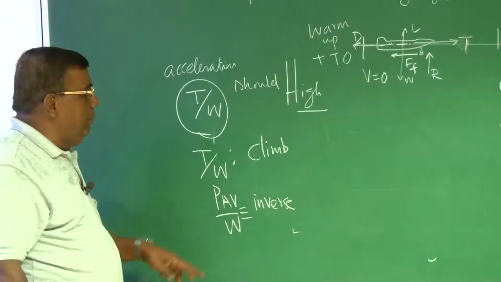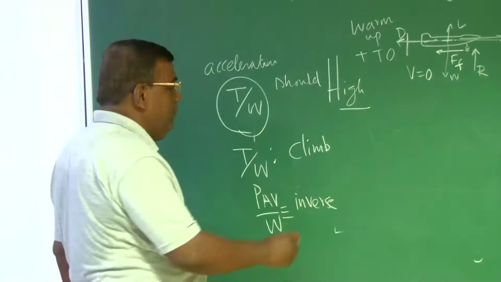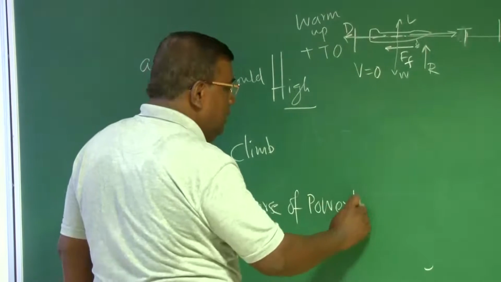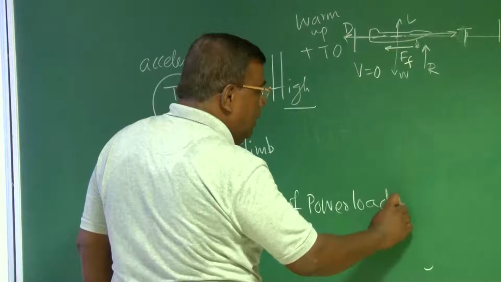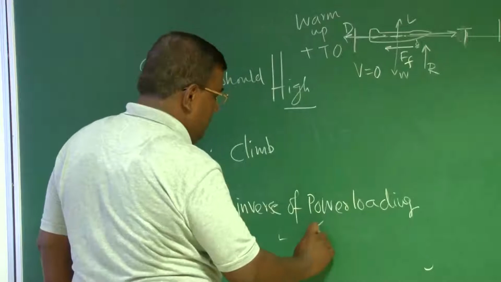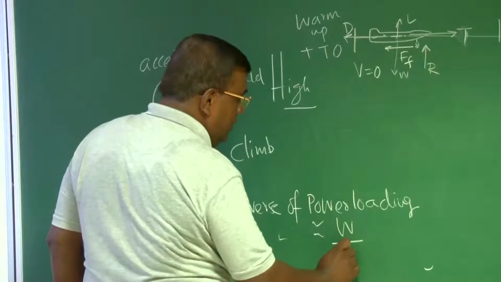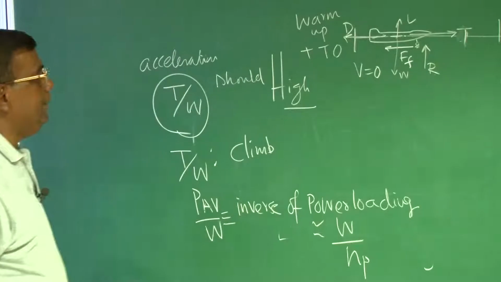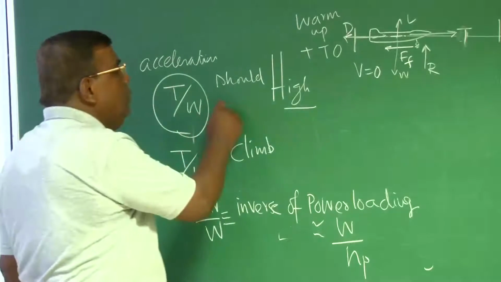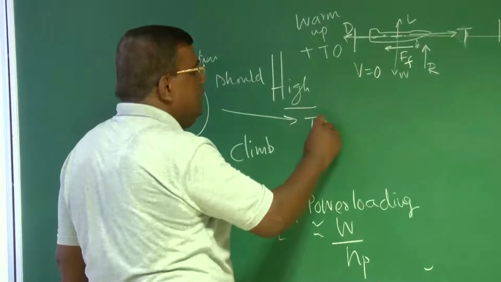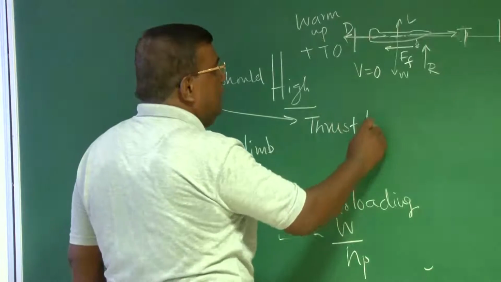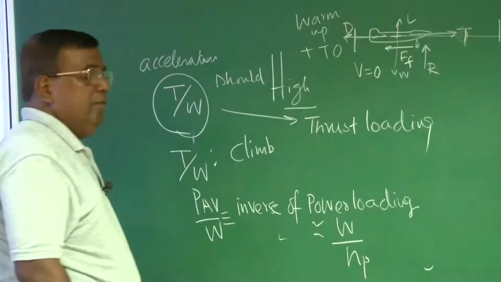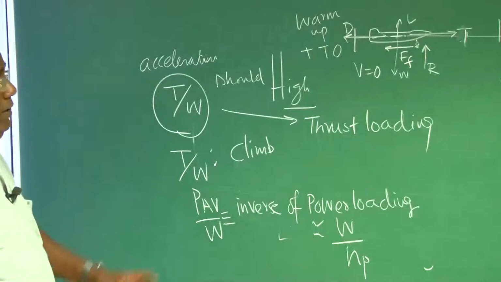Power available by W is basically the inverse of power loading, which is given by W by horsepower, that is the power available. So T/W was thrust loading and W by horsepower available is power loading. It is a matter of definition.